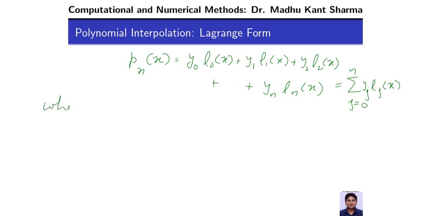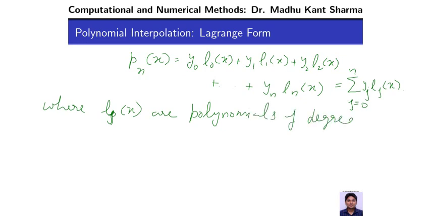So clearly Lj of x are independent of yj's, y0, y1 and so on up to yn.